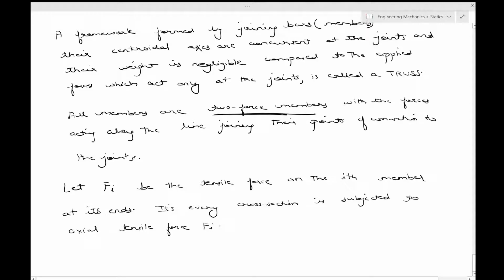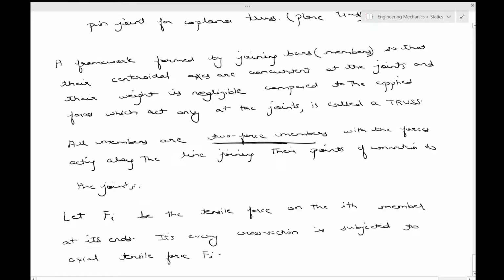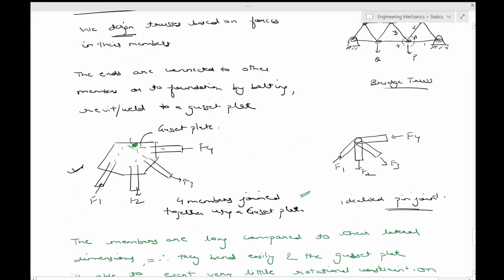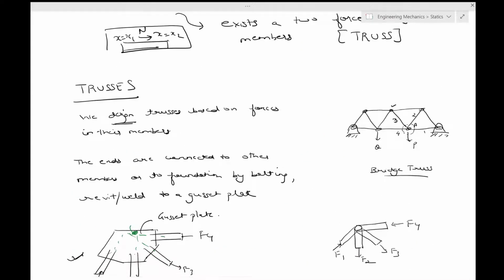Okay, so if you want to draw the free body diagram of a joint, I'll show this over here. Say this joint at A, you will have to just show these forces which are acting axially, because these are all two force members, and remember the notation of 1, 2, 3, 4.